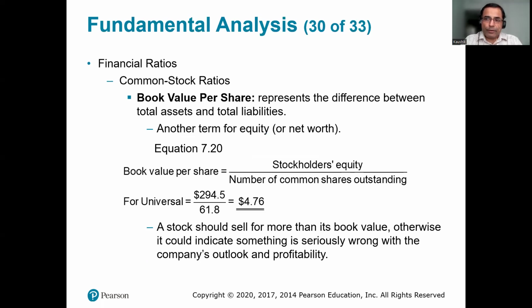Book value per share, we have looked at this concept before. We find the difference between assets and liability, which gives us the stockholders' equity. And then we divide it by the outstanding shares. That gives us the book value per share. Most companies have a market price which is higher than the book value. If the market price is less than the book value, then this is a cause for concern that the company is not doing well.